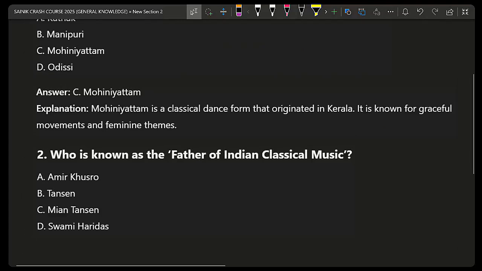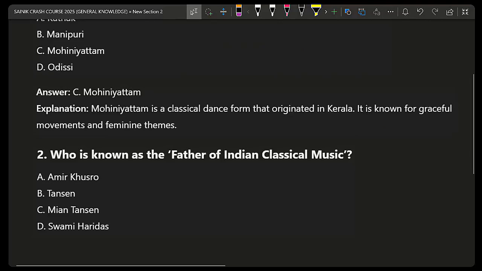Read the question again. Who is known as the father of Indian classical music? Amir Khusru, Tansen, Mian Tansen, and Swami Haridas.